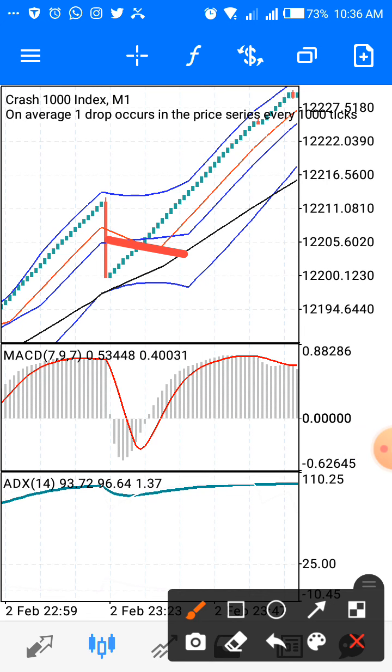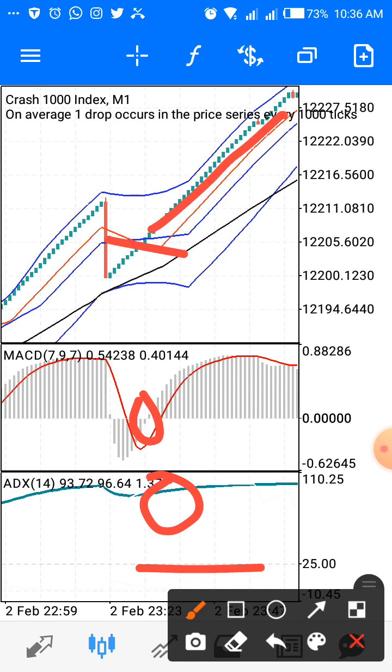And look at it, the MACD is very well in support. It is giving us an uptrend candle, and our ADX is above our 25 line. So you enter your market here and see how many candles we have. Wow, you see how it sold for virtually 15 to 20 candles.